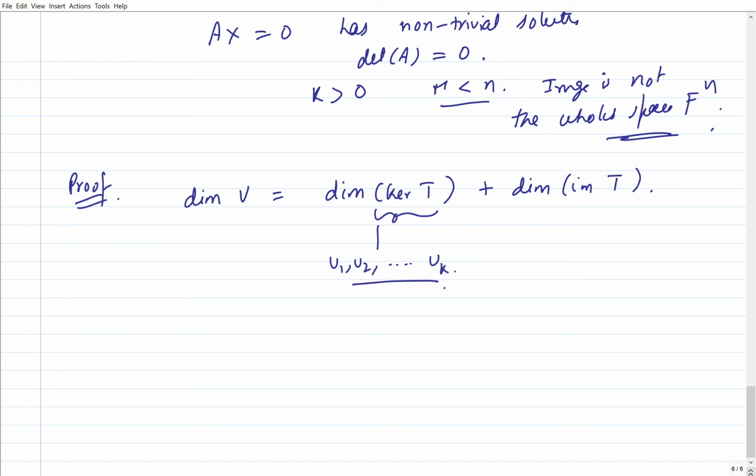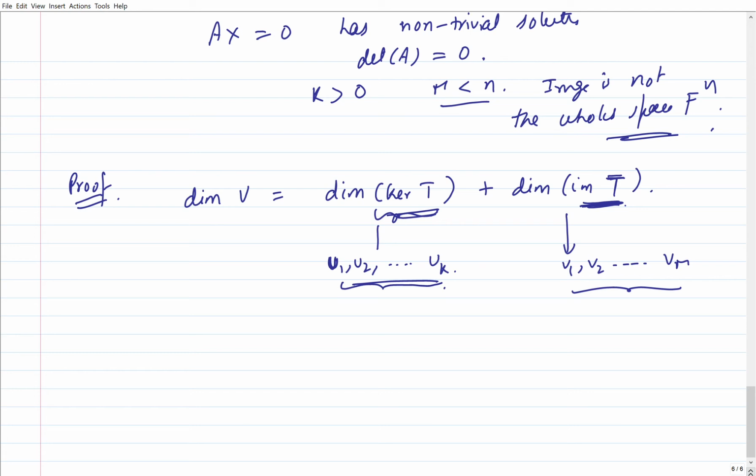Now, you can assume this is another subspace of W, so you can treat these as some V1, V2, up to Vr as the basis vectors. So these are the basis vectors for the kernel of T, and these are the basis vectors for the image of T.